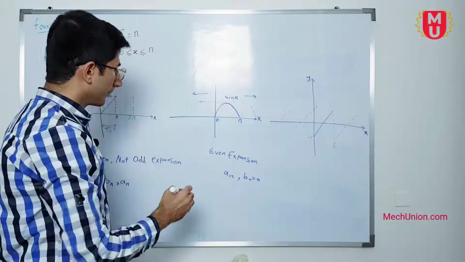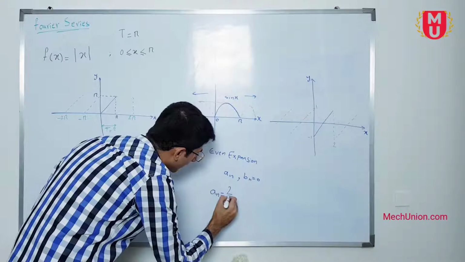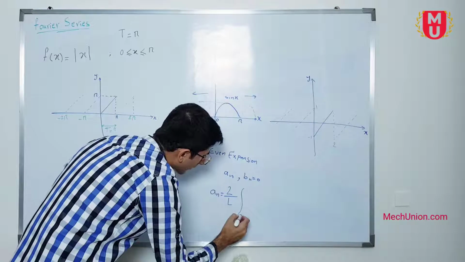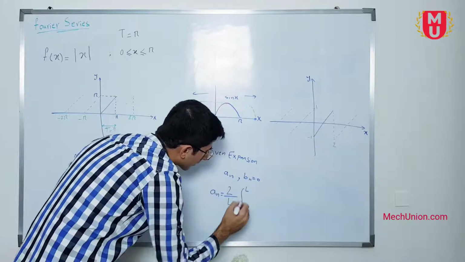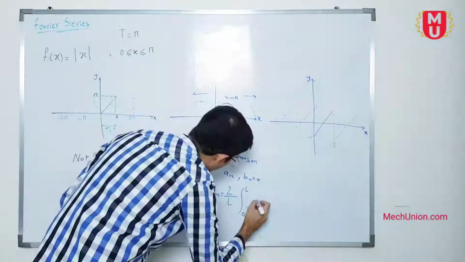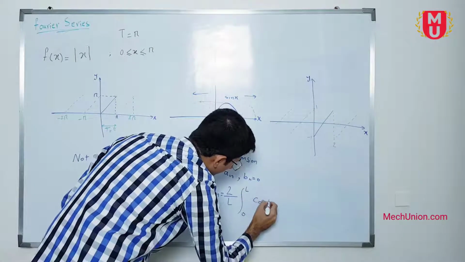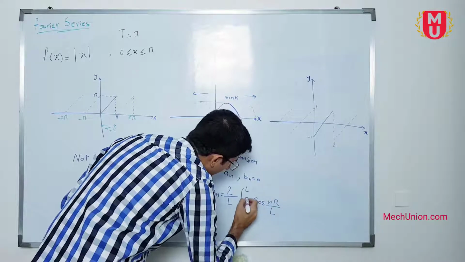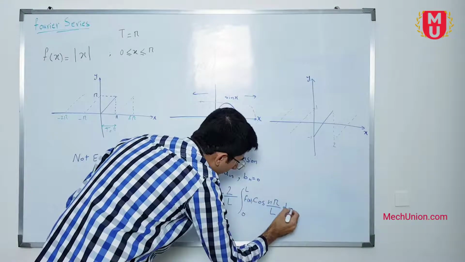We just simply write down the An, as you can see, 2 over L integral from 0 to L of f of x cosine n pi over L x dx.